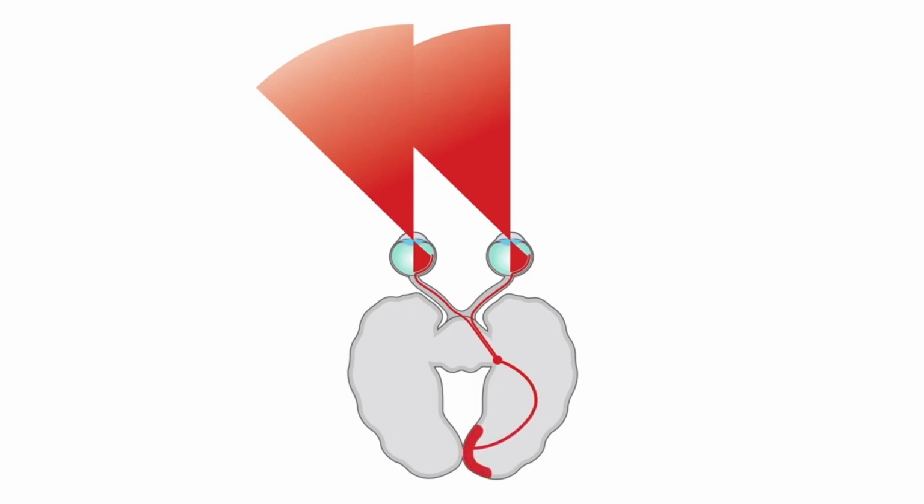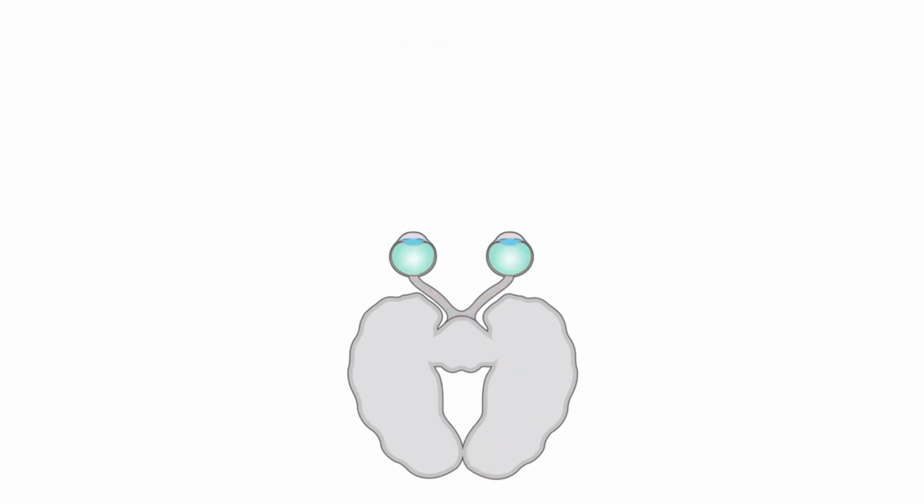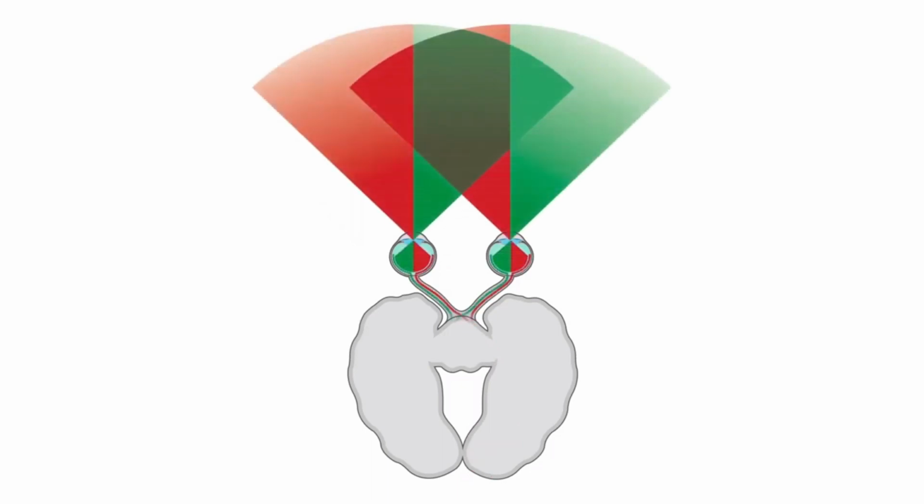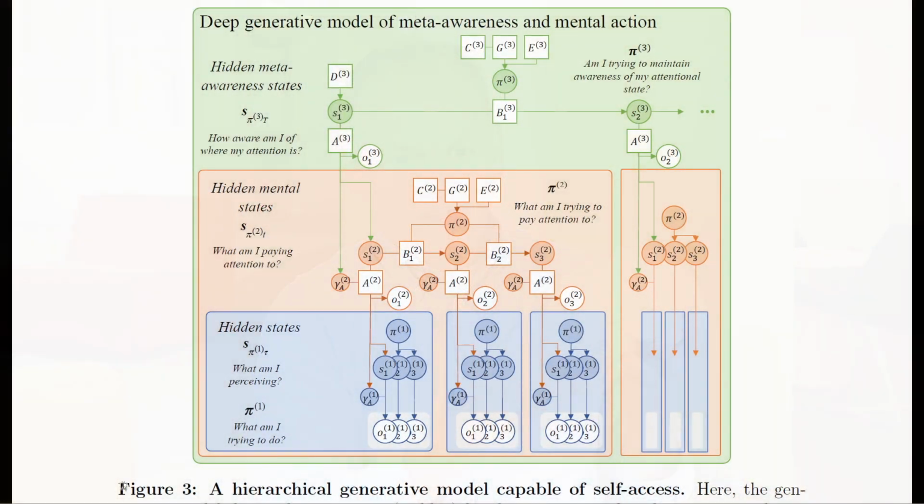Self-modeling and self-access can be defined as interconnected processes that contribute to the development of self-awareness and to the capacity for introspection. In the context of self-access, the transparency and opacity of introspection processes have been modeled using a 3-level generative model. The model depicted in Figure 3 provides a framework for understanding how we access and interpret our internal states and experiences.